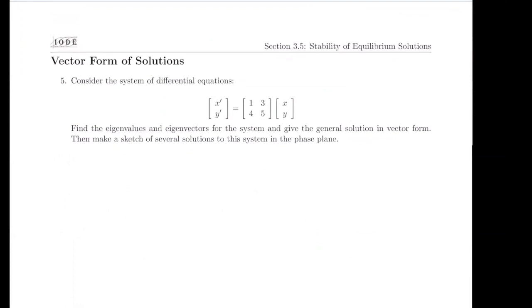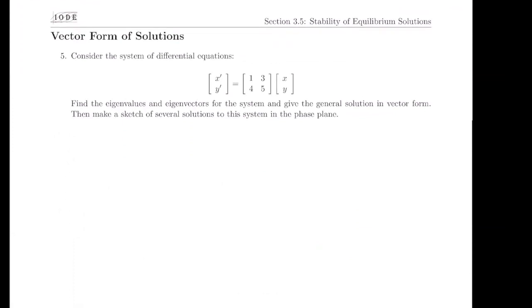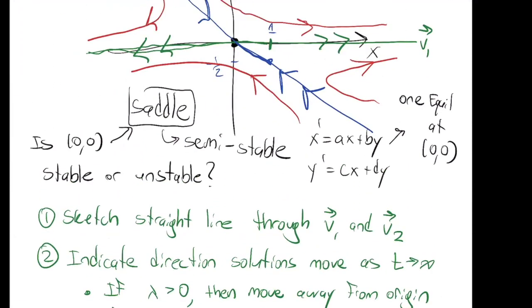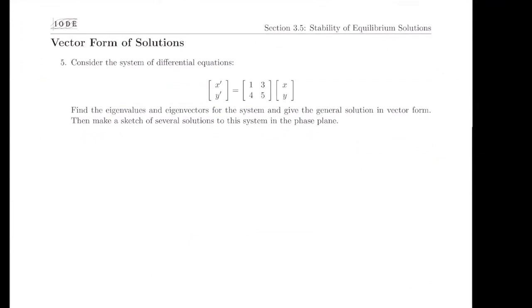Okay, so here's one pretty similar to the homework question that you have to do for next week. I'd like you to practice these amongst yourselves to give you a chance to run into some trouble. The idea is to do exactly what we did on the previous problem. First, find the eigenvalues. Then find an eigenvector for each eigenvalue.